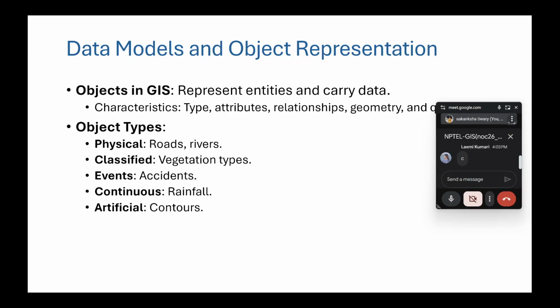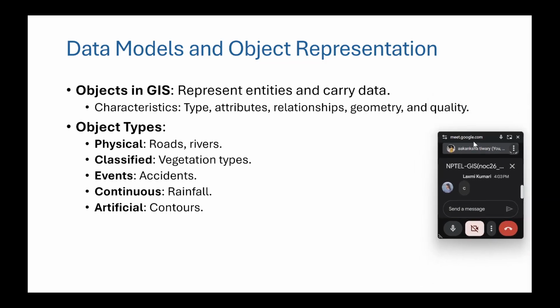Okay. Now, next is GIS model and object representation. So the different object types can be like roads, rivers, which are some physical objects. Then there can be some classified like vegetation type.